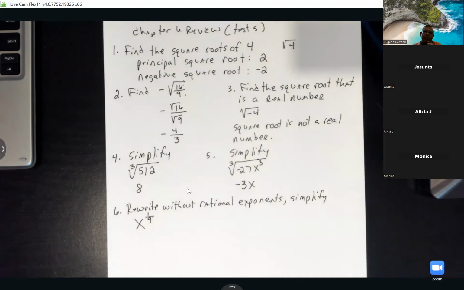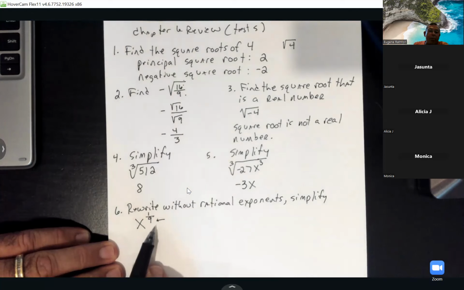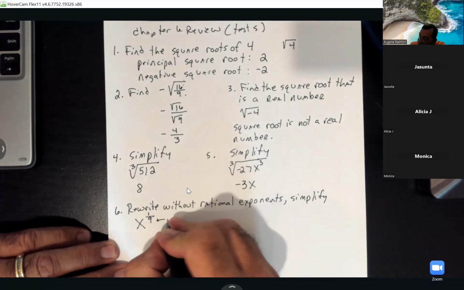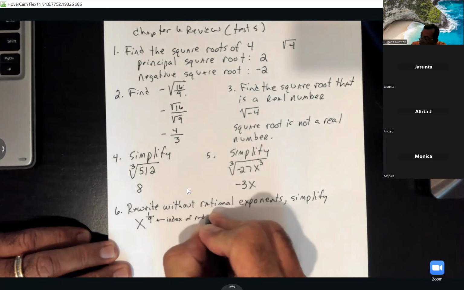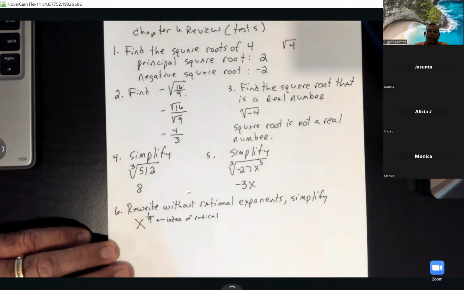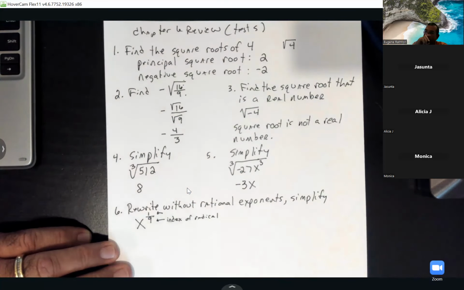And y'all, this was just to show you how radicals and fractional exponents were related. Just remember, the bottom number of the exponent is the index to the radical. Okay? The top number is the exponent of the variable.